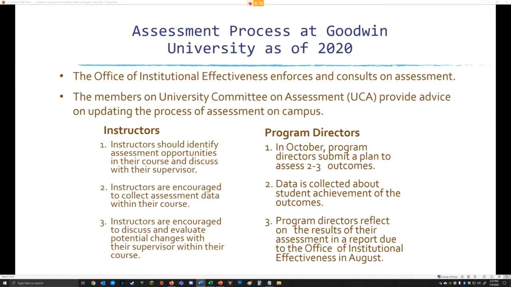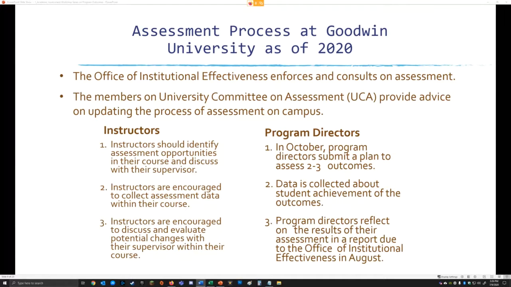And then on the instructor level as faculty, it's really a similar process. As a faculty member, you do have to work with your supervisor. While you're welcome to assess things within your course, if you are working on something that might be a little bit bigger or has a larger impact where you want to make some type of change, you definitely need input from supervisors.